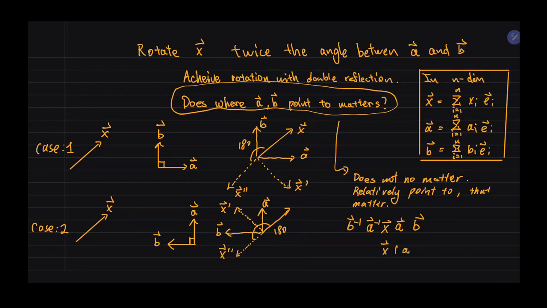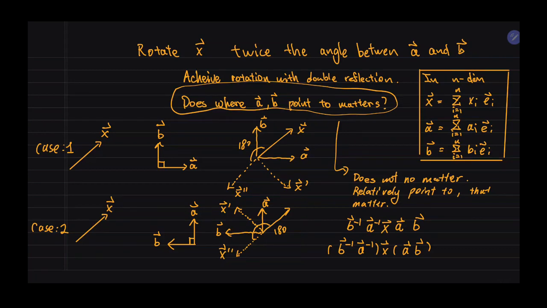Since geometric multiplication is associative, we can actually calculate b a x a inverse b inverse, grouping the products.